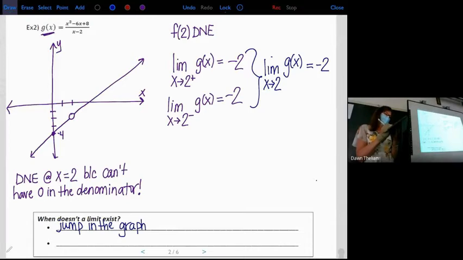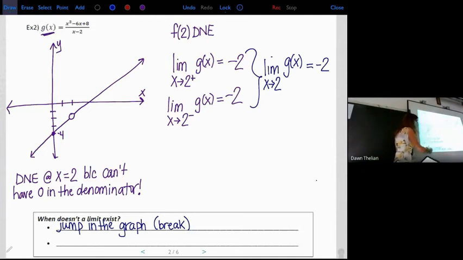You might have even been thinking there's a break in the graph, so I'll put break in parentheses. Now, the reason why that's the case is if there's a jump or a break in the graph, technically, it's because the left-hand limit is not equal to the right-hand limit. So I'm going to abbreviate left-hand limit as LHL, not equal to right-hand limit, RHL.